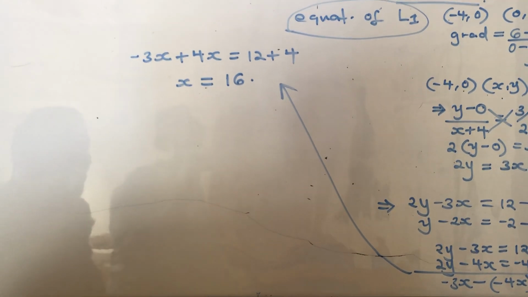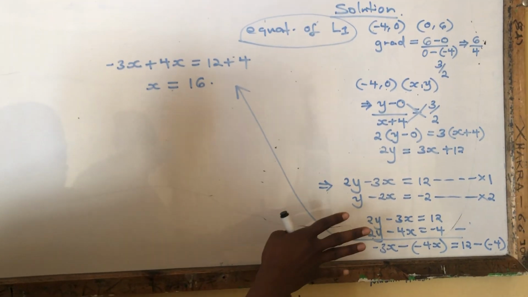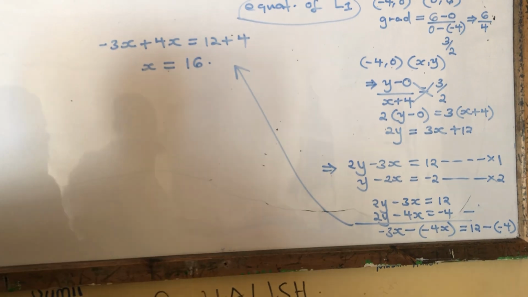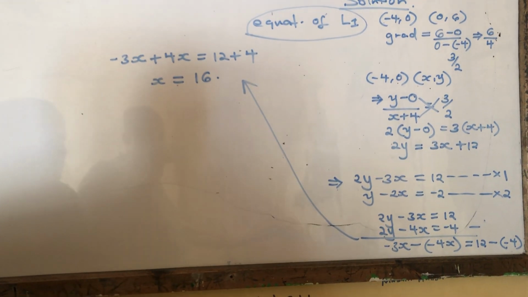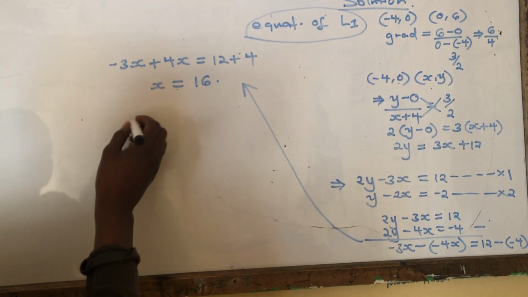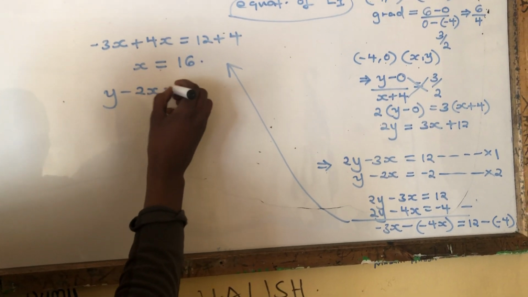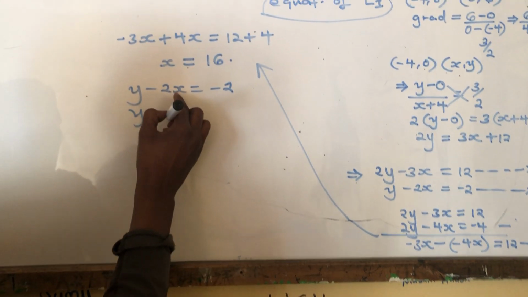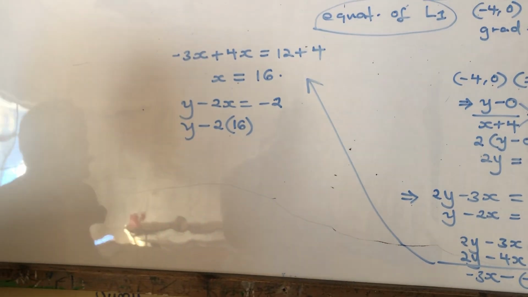Once you have the value of x, the value of y will be obtained by substitution. So I'll take the 16, then substitute in either this equation or this equation. Allow me to go for the lower one because it's easy to work with. So I'll have y minus 2x is equal to negative 2. But in the place of the x, I will now substitute 16.